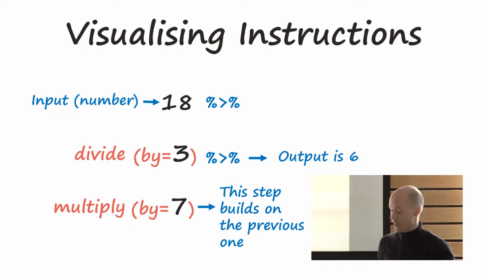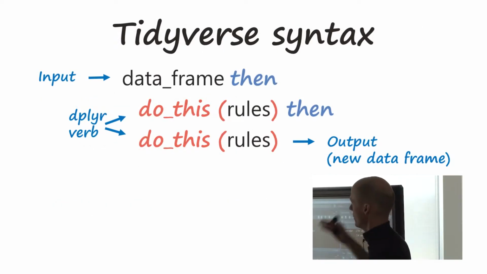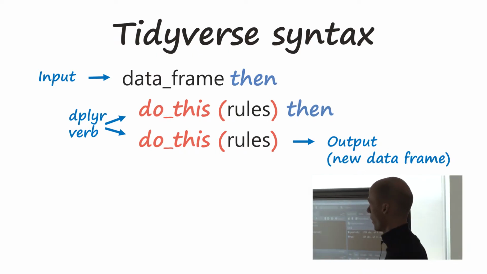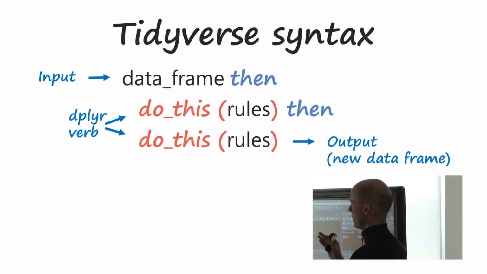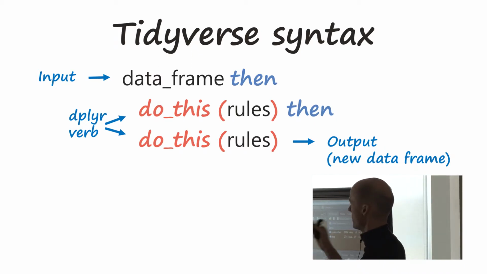Then the output is 42. This is how we build our steps in the tidyverse, except that our input is no longer a number, it's a whole data frame. So we take the data frame input, then we do a verb to it, with particular rules associated with that verb.